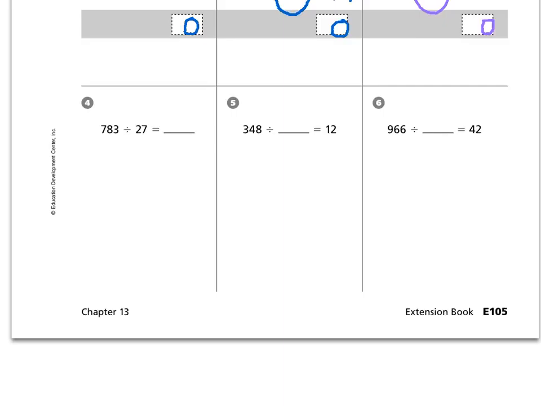We're going to use the same steps in order to solve number 4, 5, and 6. The first step for number 4, we're going to think about 27 times what is going to get us close to 783. And I know that 27 times 20 is going to equal 540. So I can take 783 minus 540, and that's going to get me 243.